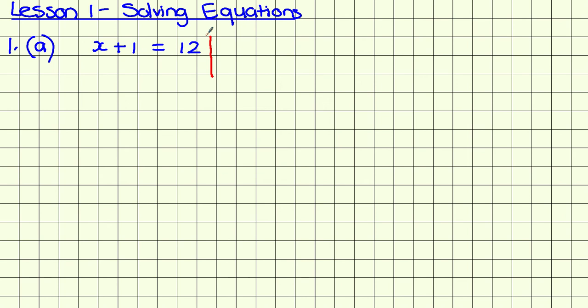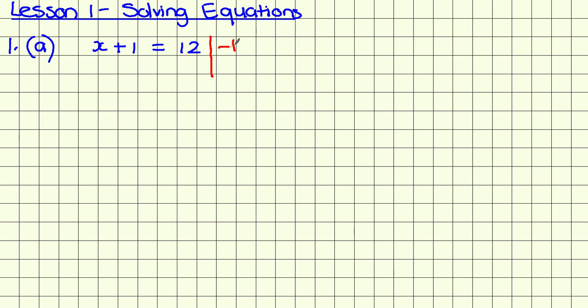Okay, so when you've got your method line, we're trying to get that letter x by itself right now. Okay, so I want to essentially undo what's being done to it. So I want to undo this plus 1. So what we're going to do is do the opposite. Okay, it's always opposite. So the opposite of plus 1 is take away 1. Alright, so I'm going to write that down next to my method line.